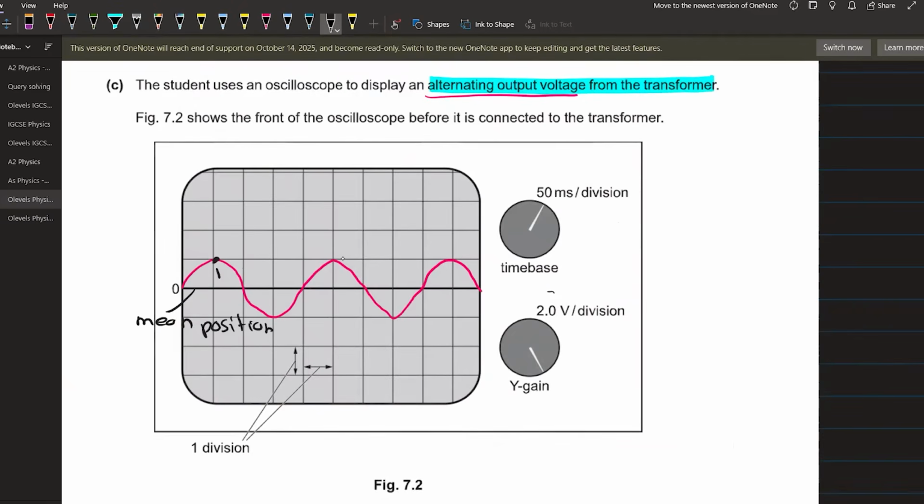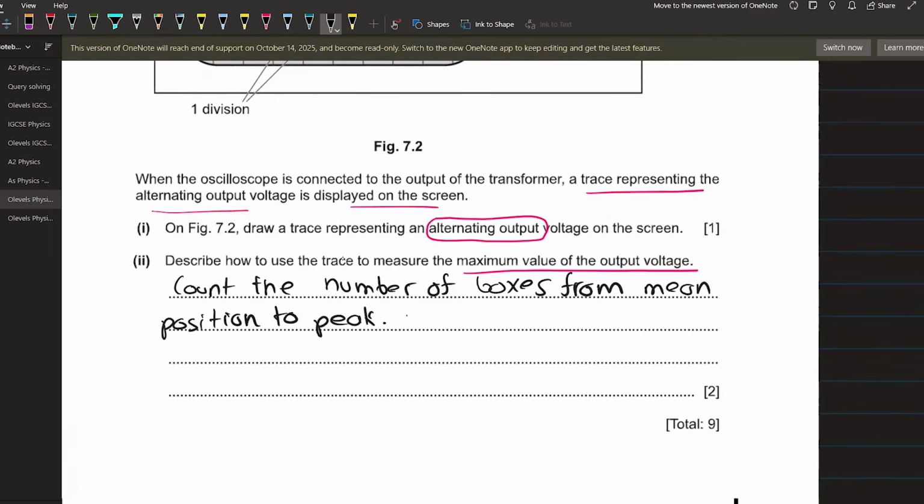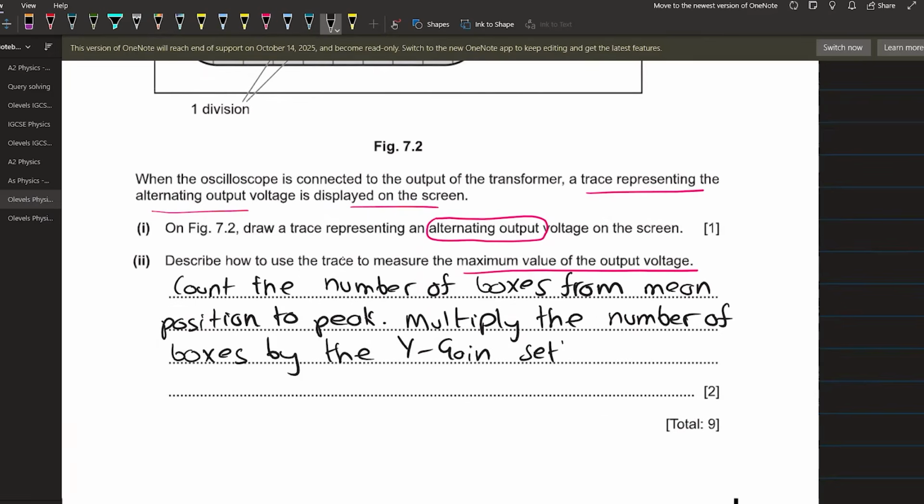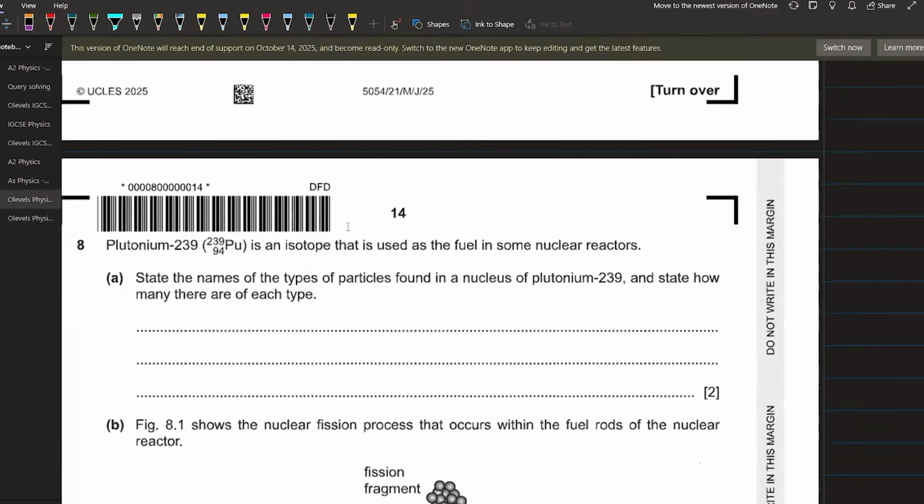Multiply the number of boxes by the Y gain setting. Simple as that, to get the maximum value of the voltage. Moving on.